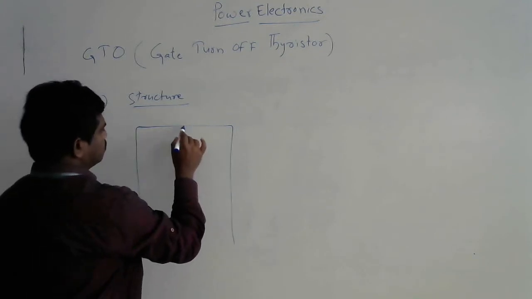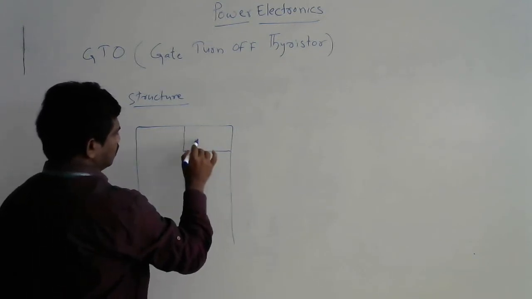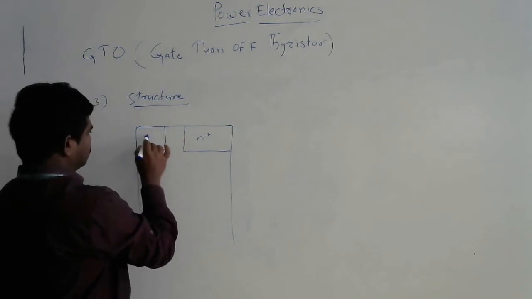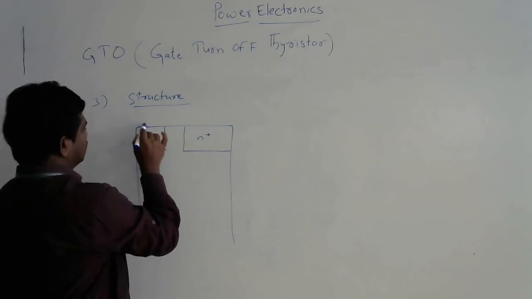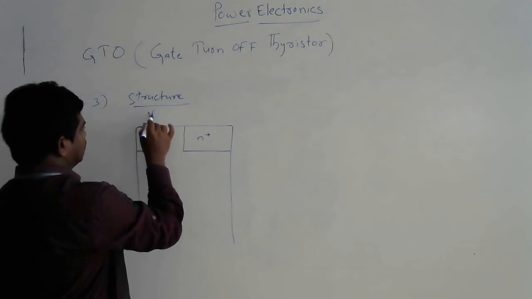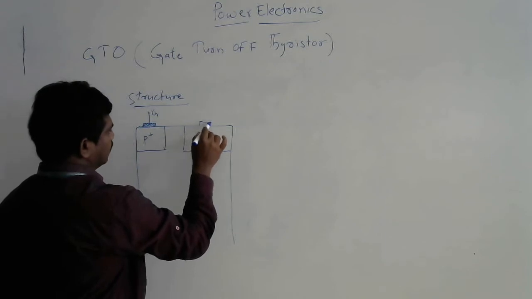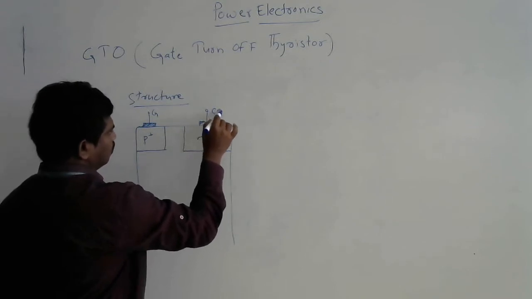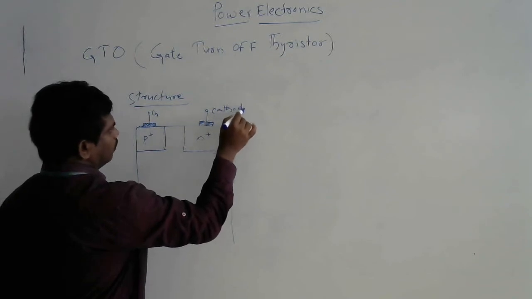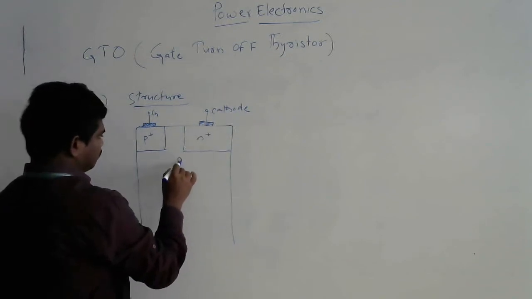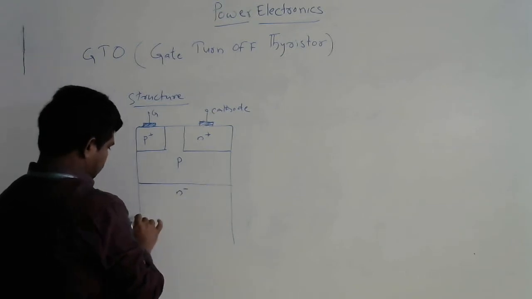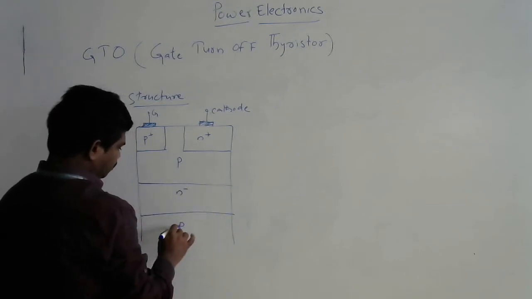This side is N plus, this side is P plus. And this is my gate terminal G. This is my cathode terminal. This is my P material, and this is N minus. This is P plus.